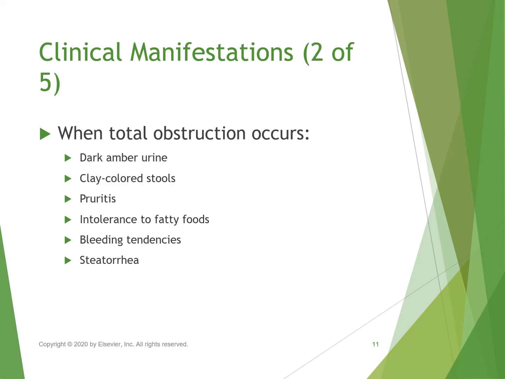When total obstruction occurs, this can cause amber-colored urine, even clay-colored stools, pruritus. We talked about the intolerance to fatty foods because of the lack of bile. And then steatorrhea, that's just another term for fatty stools.